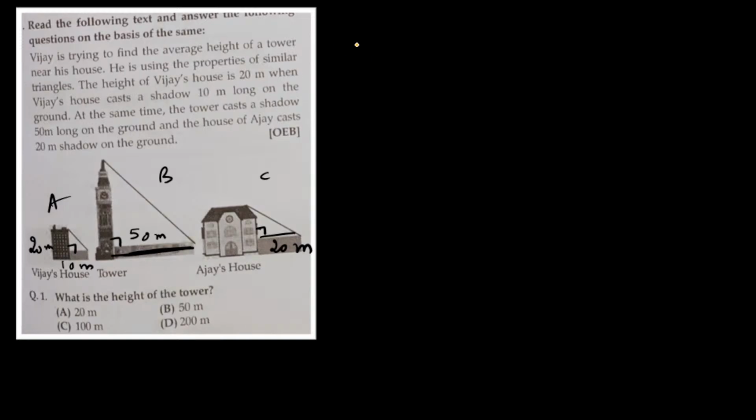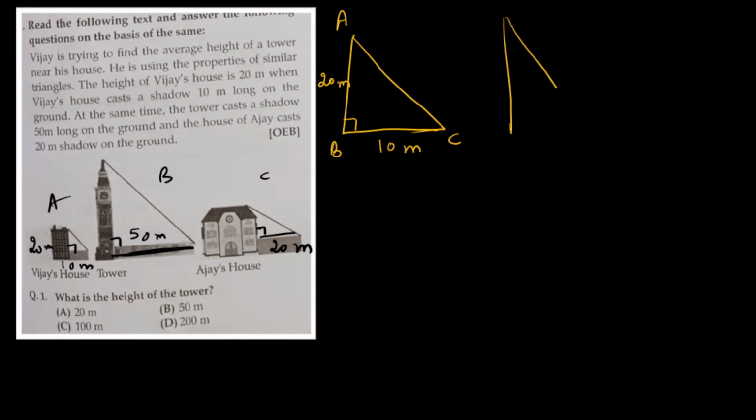So I'll just draw the triangles. The first triangle is Vijay's house, the given person's house. I'll name it triangle ABC. In this, what is given to us? This is 20 meters and this one is 10 meters. Second is the tower. This is PQR, and it's given to us as 50 meters.